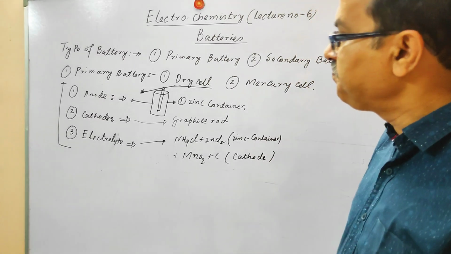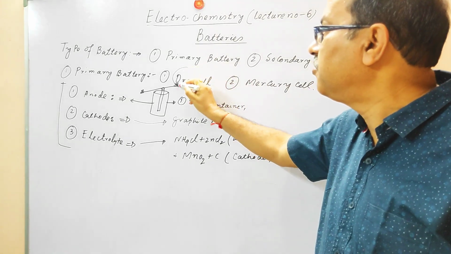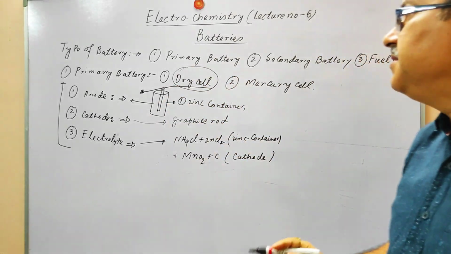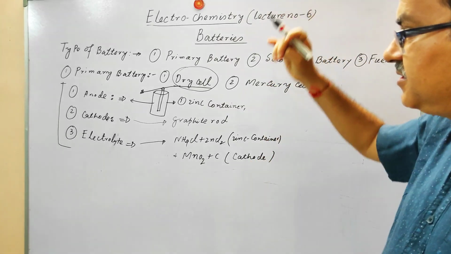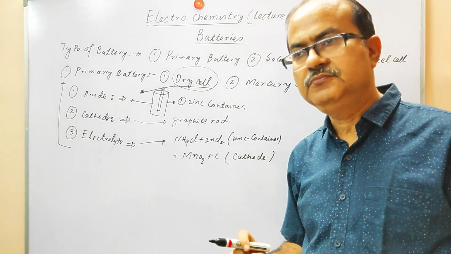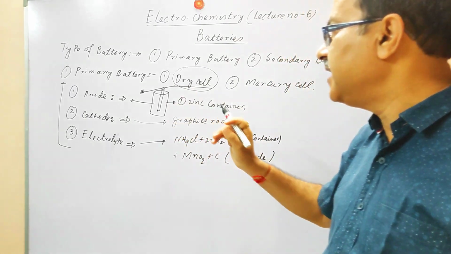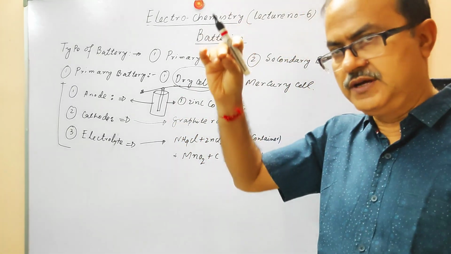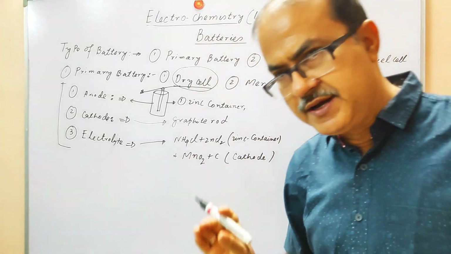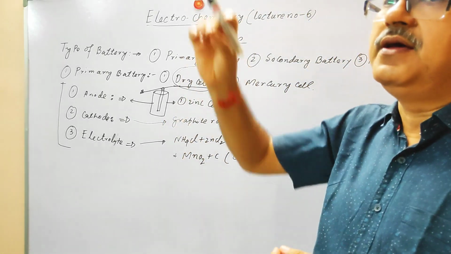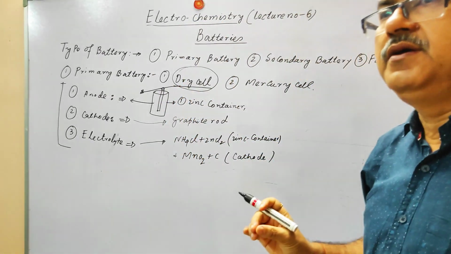So we understand these three components of this dry cell. It has one zinc container, which is the anode, and in this zinc container there is a cathode, the graphite rod. You can see this in any pencil cell: there is one container, and in the middle of this container there is this type of rod.